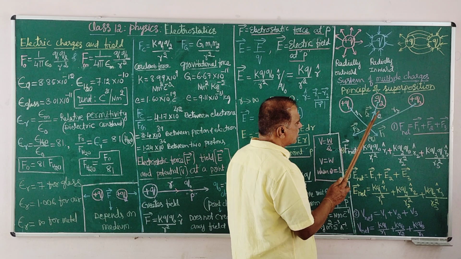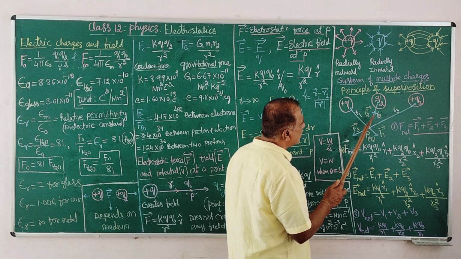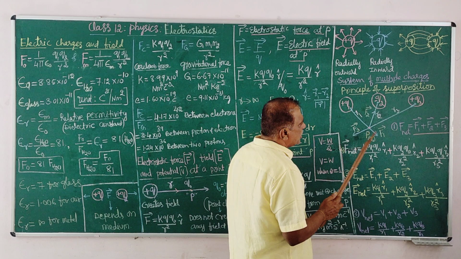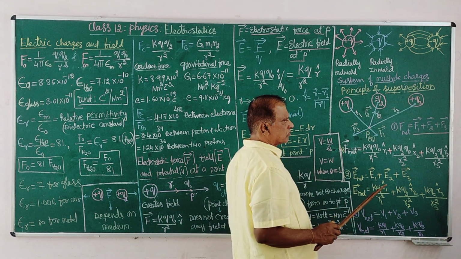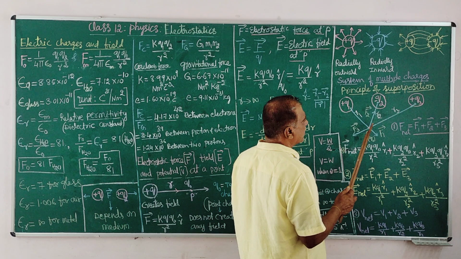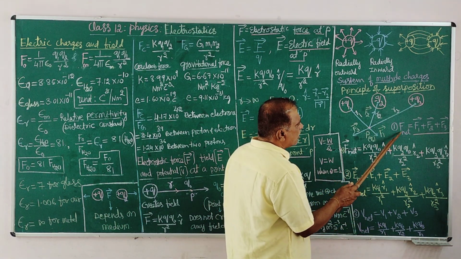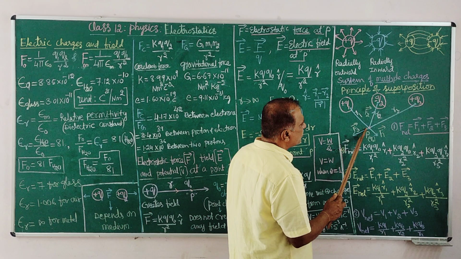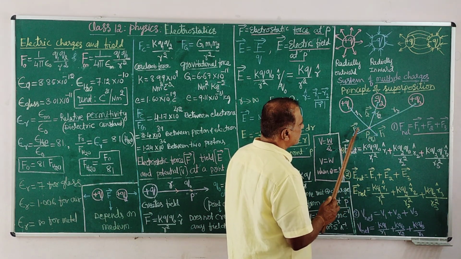That is a force like this. The resultant at this point is the sum of the vectors like this. Then it will take plus or minus depending on the direction of force. The net resultant force on this point is the vector addition of these three.